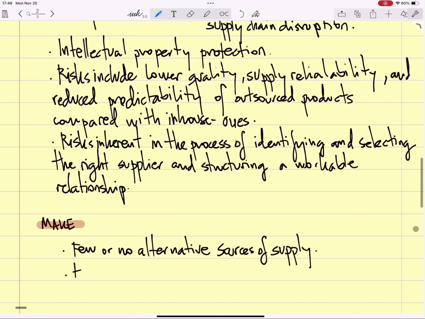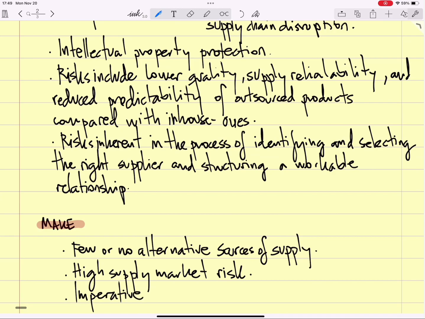If there is a high supply market risk, or if you have imperative short lead times.